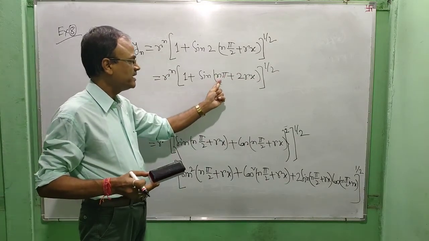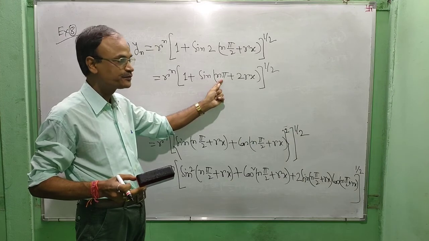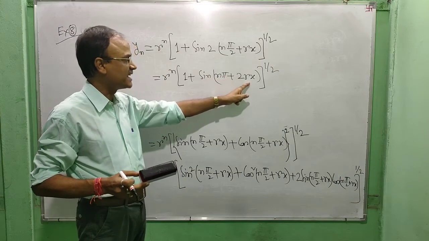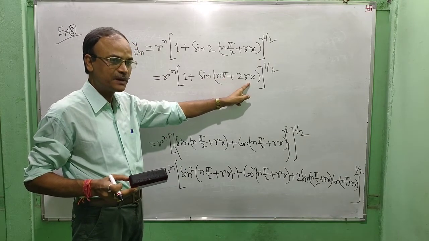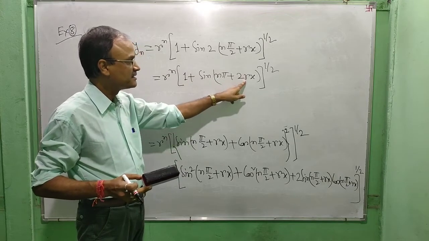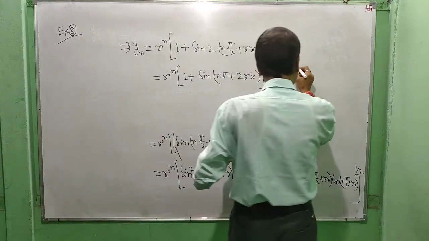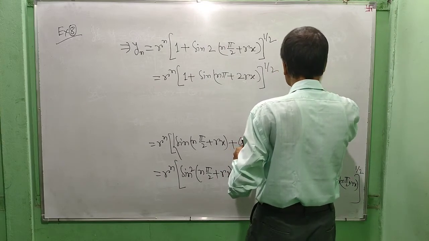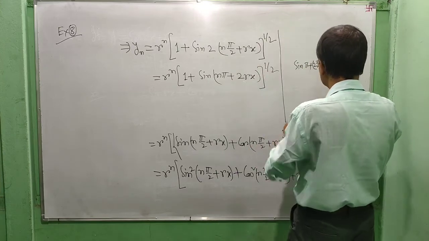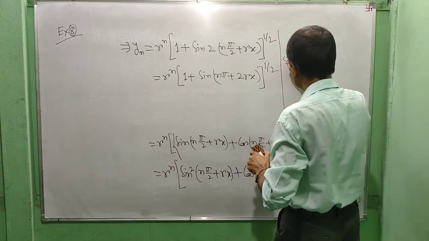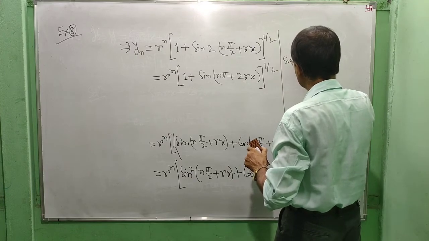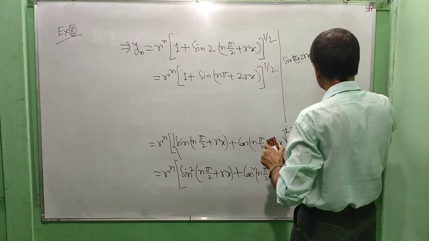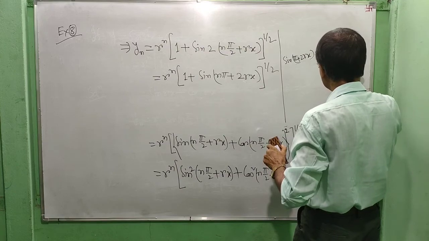Now see, if n is equal to 1, meaning first order differentiation, then it will be sin(pi plus 2Rx). What is sin(pi plus 2Rx)? It is minus sin 2Rx. Put n is equal to 1, then sin(pi plus 2Rx) is equal to minus sin 2Rx, which is (minus 1) to the power 1 sin 2Rx.